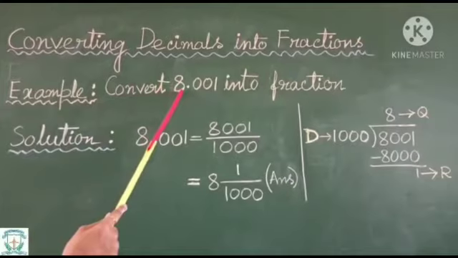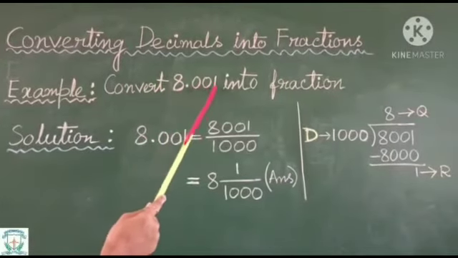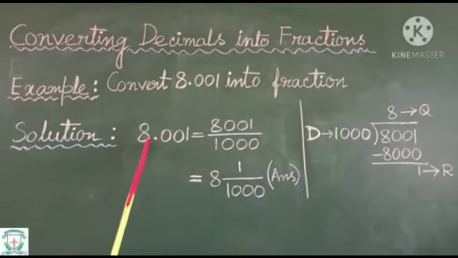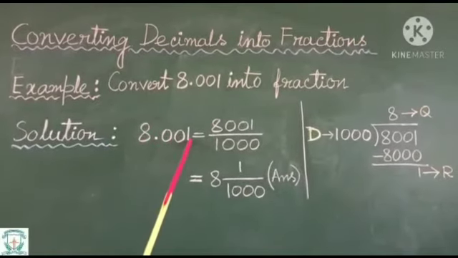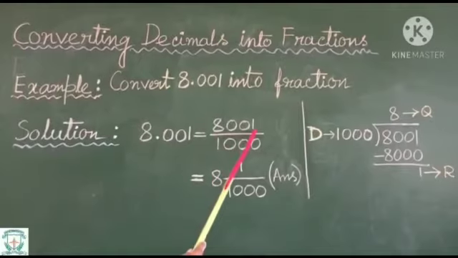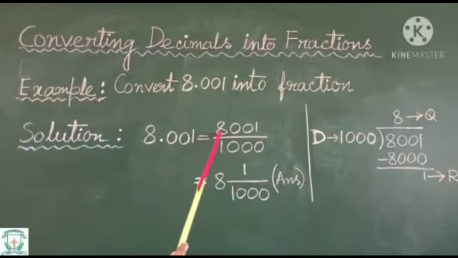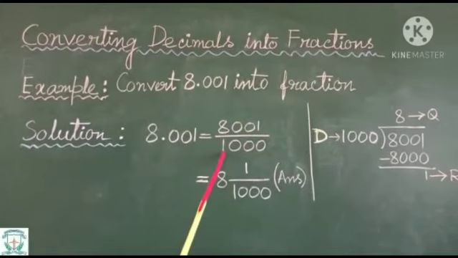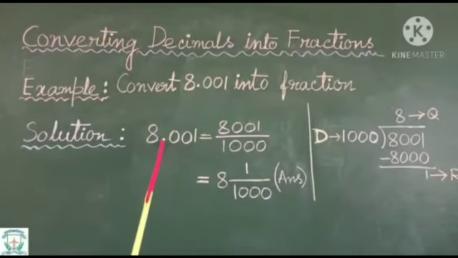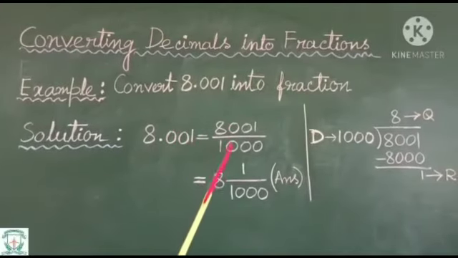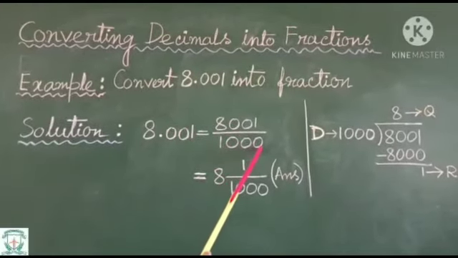Convert 8.001 into fraction. Write the given decimal number as the numerator without the decimal point, that is 8001. In the denominator, write 1 followed by as many zeros as there are digits after the decimal point in the given number, that is 1000.